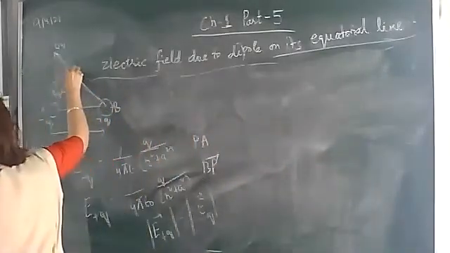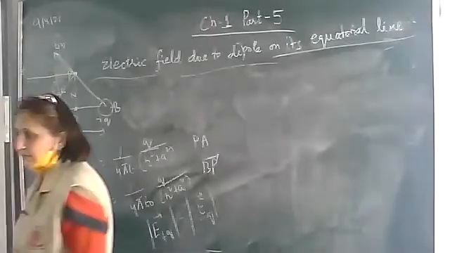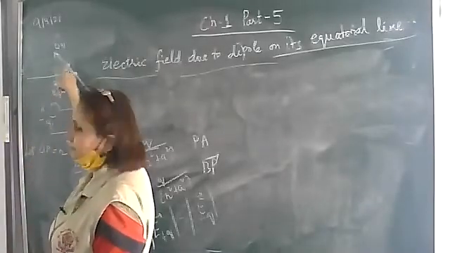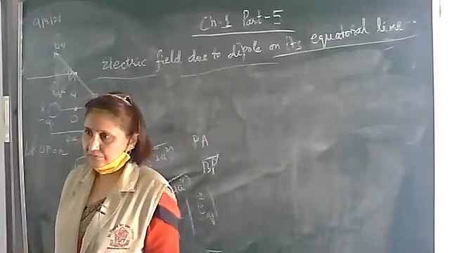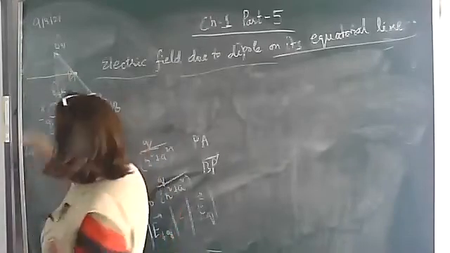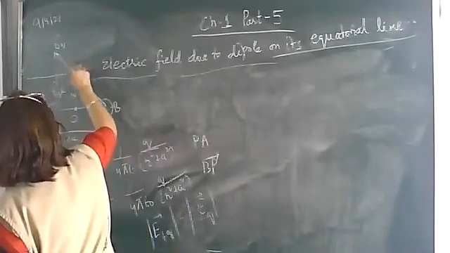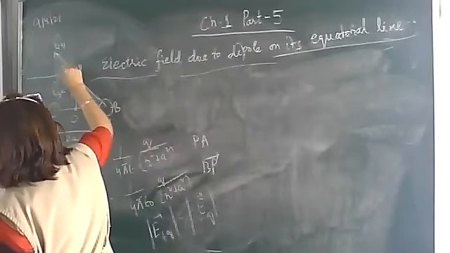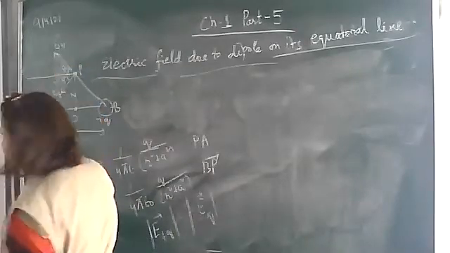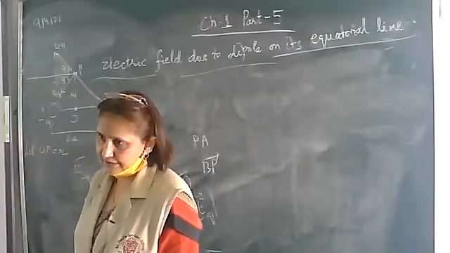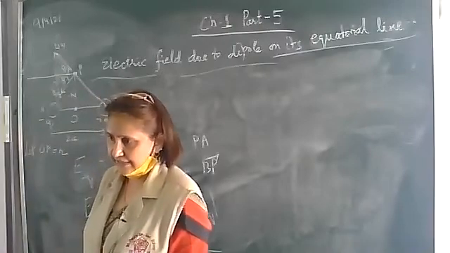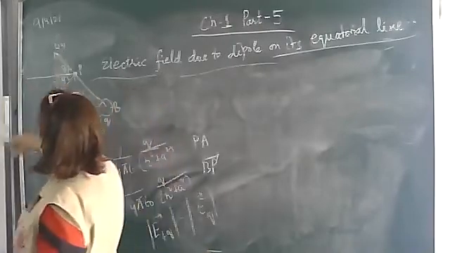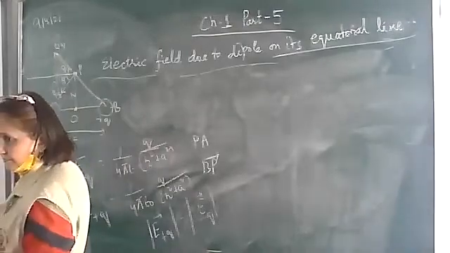Let us draw one horizontal line. This line will be bisecting these two. Is it so? So if this angle is theta, this angle is also equal to theta. We are resolving these vectors along the x-axis and y-axis. Resolve E plus Q along the x-axis.